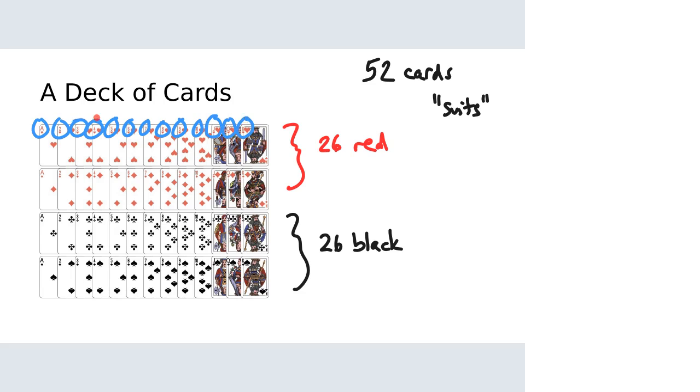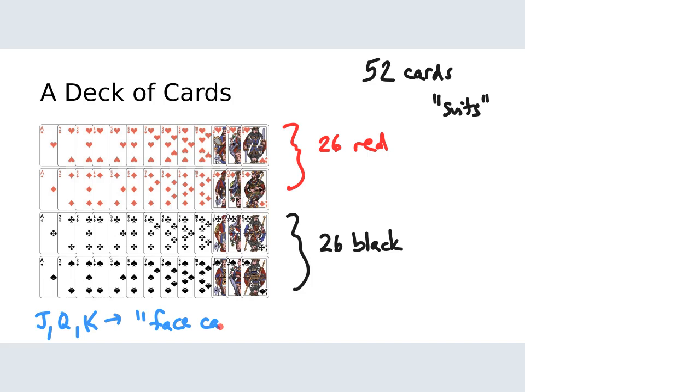Because those have pictures on them, the jack, the queen, and the king are sometimes referred to as face cards. And so that's what makes up a deck of cards. One thing to make a quick note of is that there are 13 hearts, 13 diamonds, 13 clubs, and 13 spades. And that's how we get to the 52 cards total.